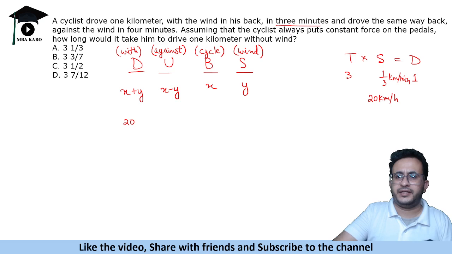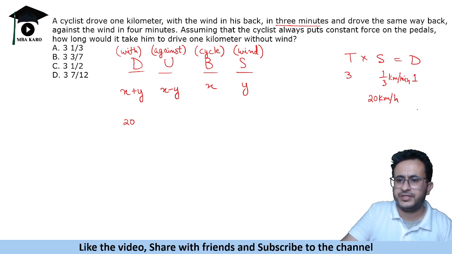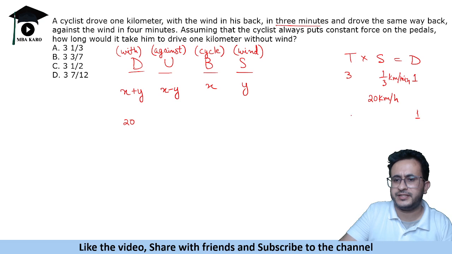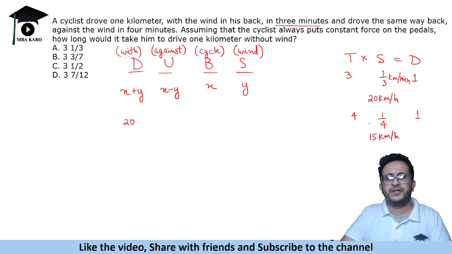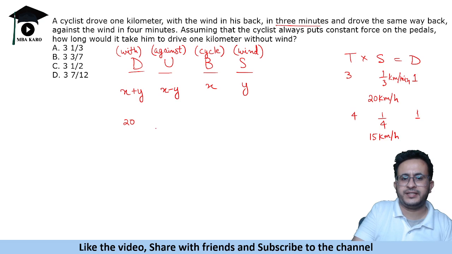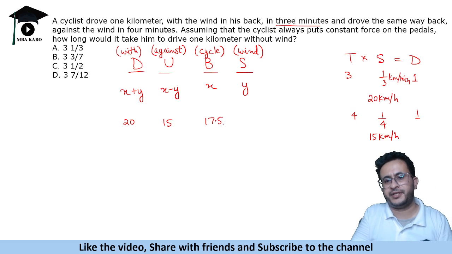When he covers the same distance back, 1 kilometer, the time taken is 4, so his speed is 1/4, or 15 kilometer per hour. If you take the average, you get 17.5 kilometer per hour.